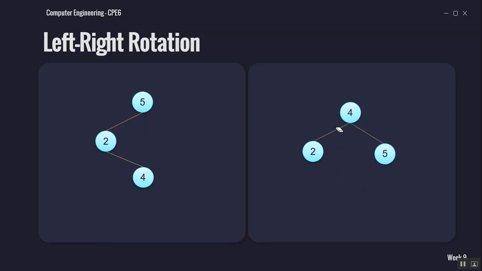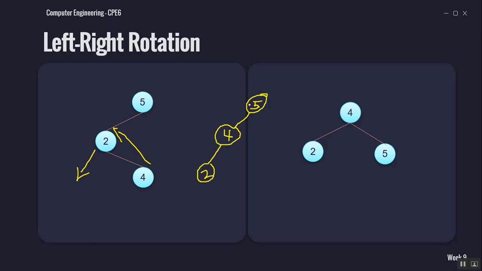So how did it happen? Let's analyze this node here, this 2. The original form is this one, and then this is the final outcome. Imagine that we need to pull this 2 down and then put 4 onto its place. So that's the left rotation. So this would become 5, and then 4, and then 2.